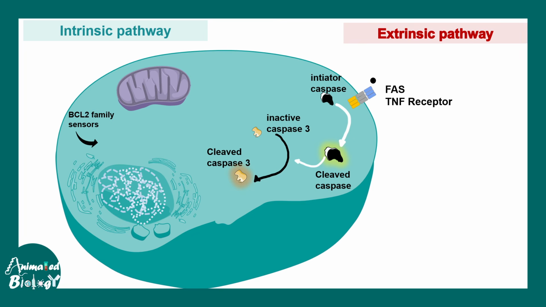The intrinsic pathway starts with sensing some kind of damage. It can be triggered by, let's say, irreversible DNA damage, or UV-mediated damage. There are BCL family sensors which can sense this damage, and there are effectors such as BAX and BAD which can poke holes in the mitochondrial membrane. When mitochondrial membrane integrity is compromised, cytochrome C is released into the cytoplasm.